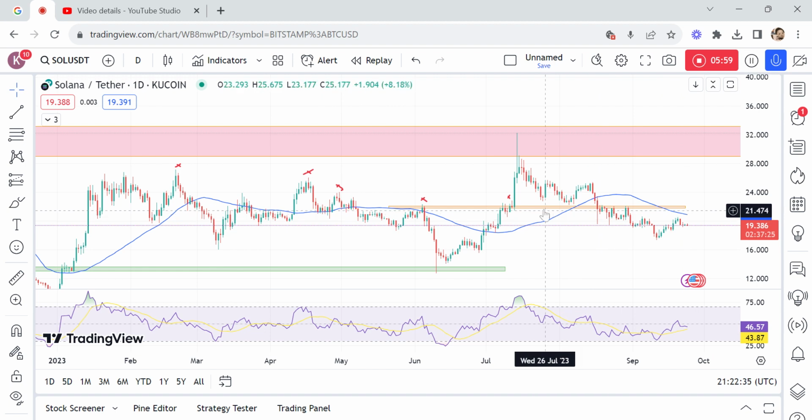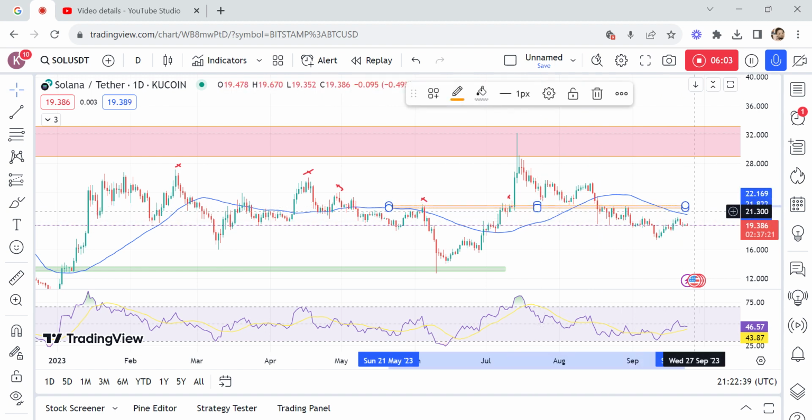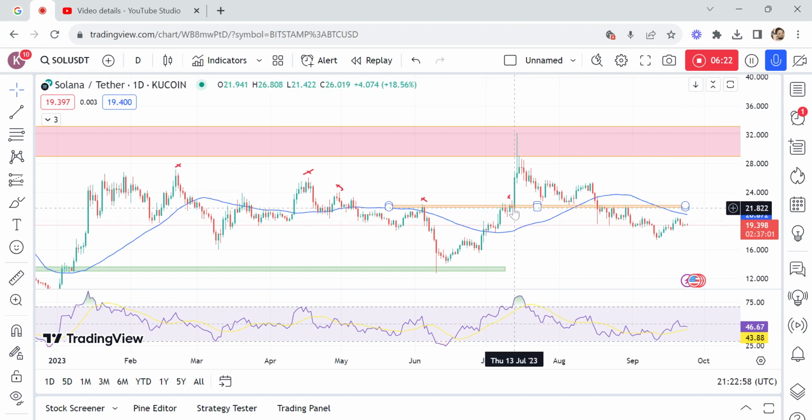It has to go a little higher. It's a very, very small one. So that is the body. Okay, so this is the order block.